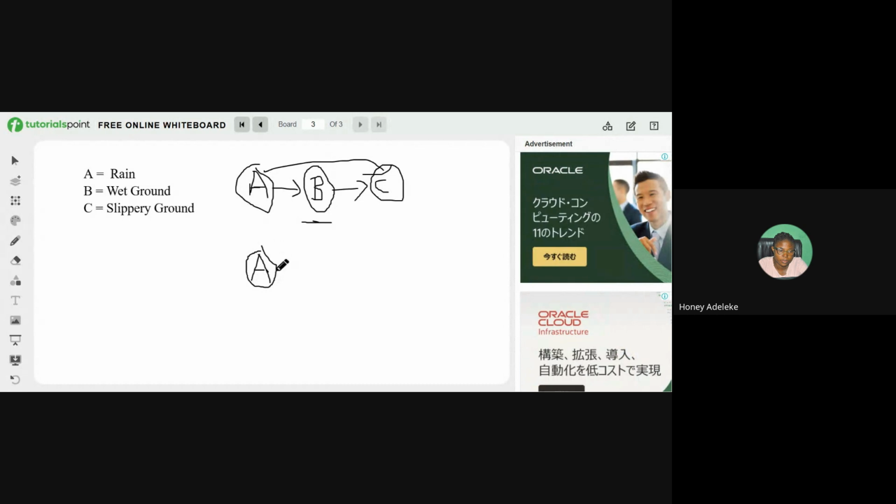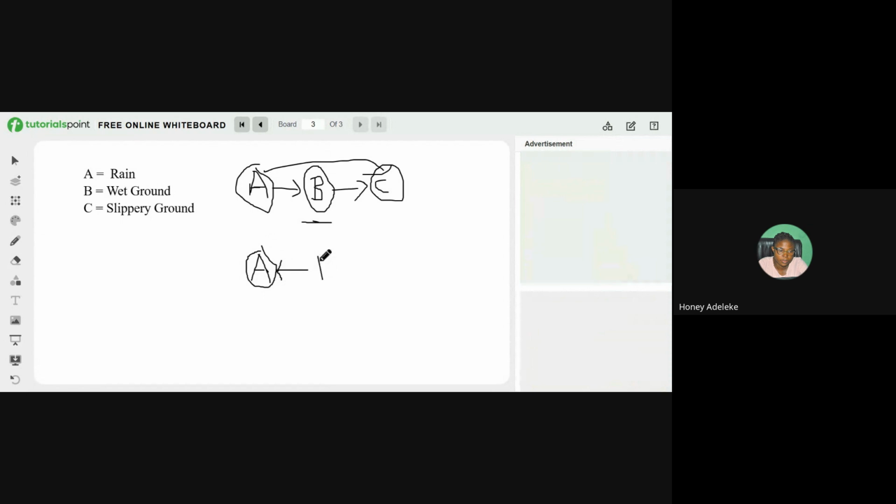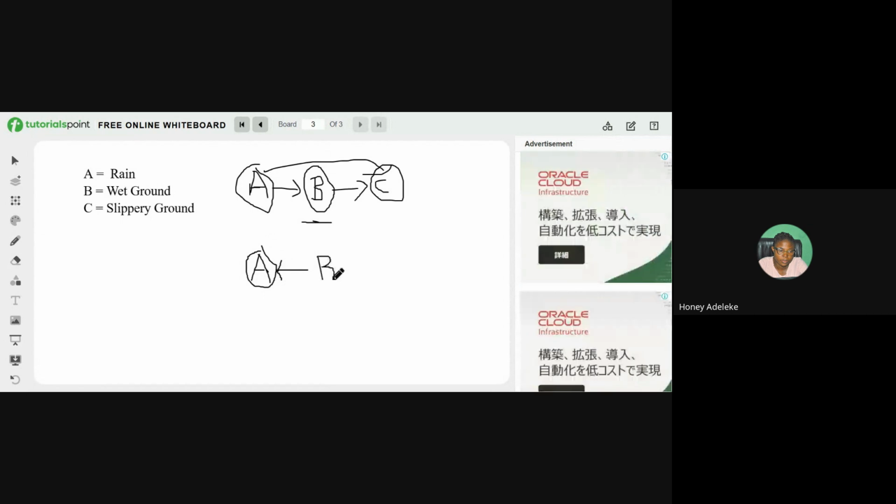So if our direction this time around is like this, then we have the B, and then we have the C. This path is blocked if our B is known.